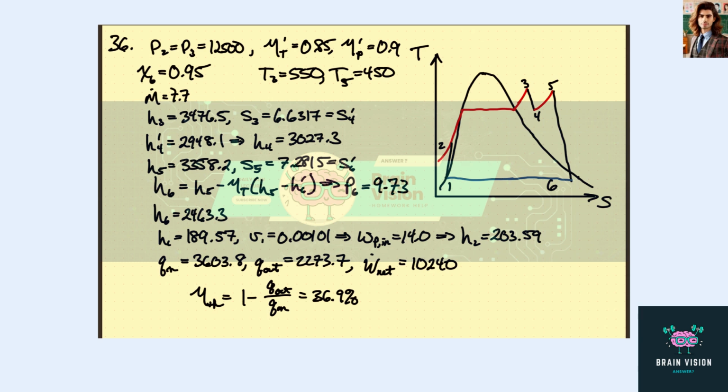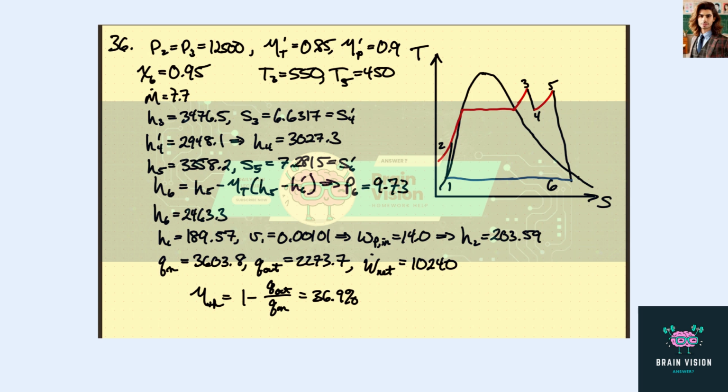At 3, we have pressure and temperature, so we can get enthalpy and entropy. Then we know that the isentropic entropy at 4 is the entropy at 3. So we have the entropy and the pressure at 4.